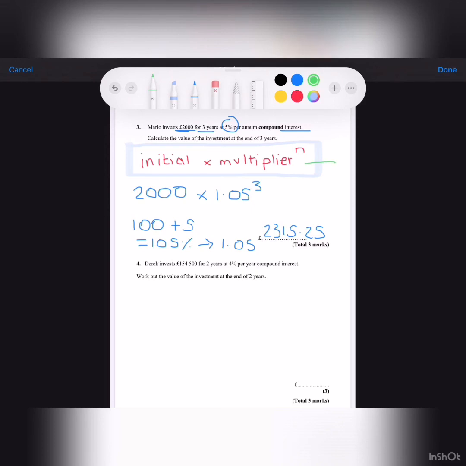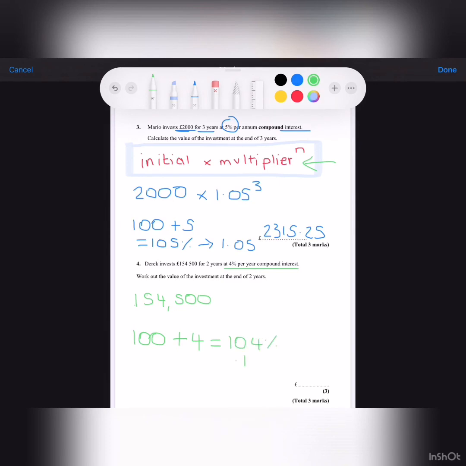Now, if we're looking at this next one, very similar to the top one, we're going to use this formula again. So our initial amount this time is 154,500. We now need to work out this multiplier again. So it's 4% interest. So we have to always have that 100 because that's our original percentage plus our interest gives us 104%.